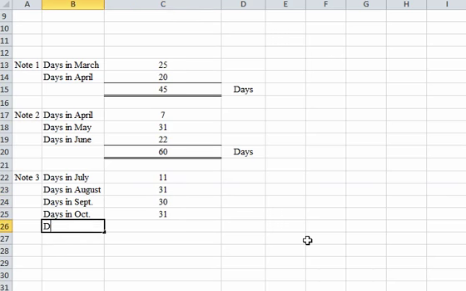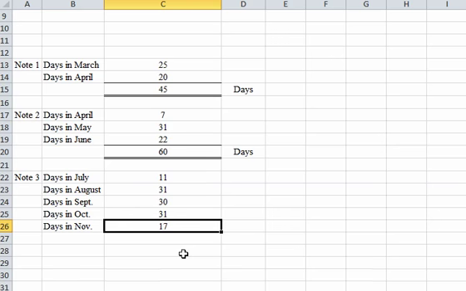103 so far, so days in November will be equal to 120 minus our 103 that we've already picked up. Let's make sure that's right. 31 and 30 and 31 is 92 and 11 is 103. That's it. So how many more days do we need in November? It would be the total days 120 minus the 103 we've already picked up from the previous months.